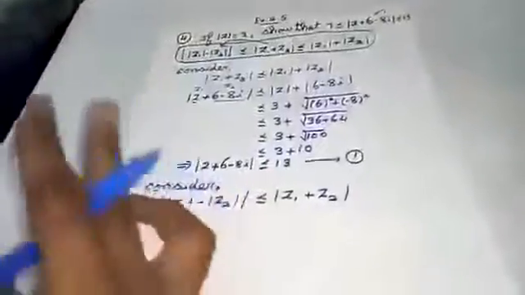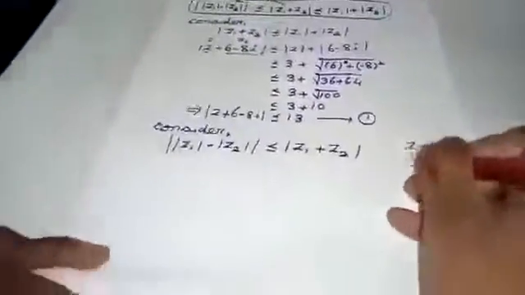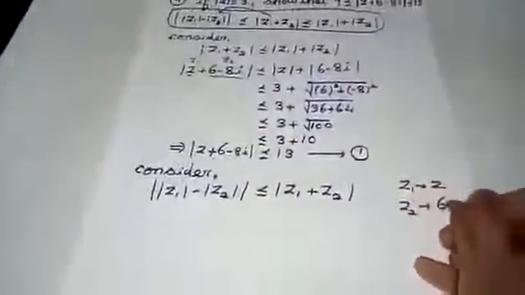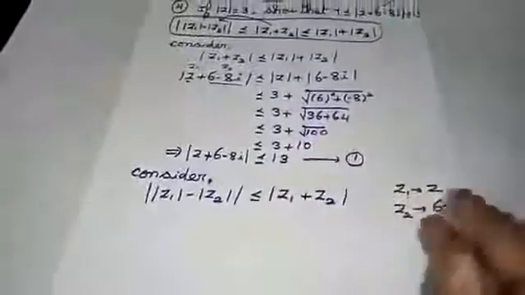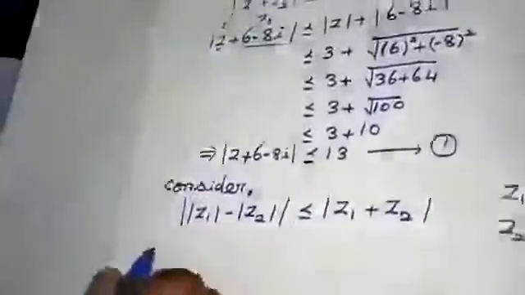Z1, what is the value for Z1? I have fixed here, students. Z1 is nothing but, according to the question, Z, and Z2 is nothing but 6 minus 8i. I am not going to go for big calculation, just see here. I will do it in a simple step.